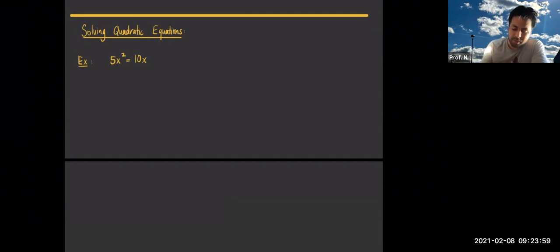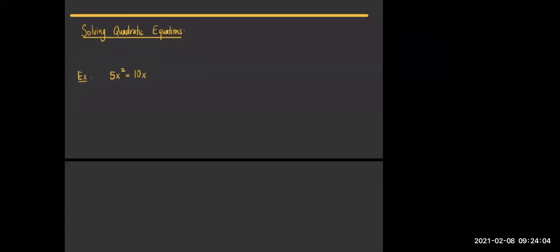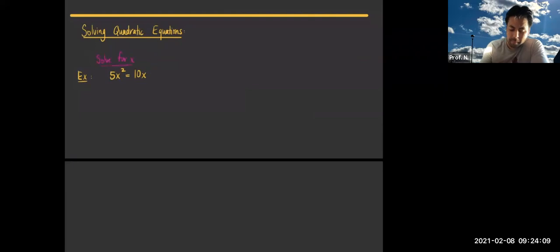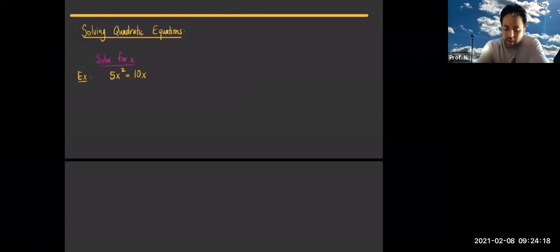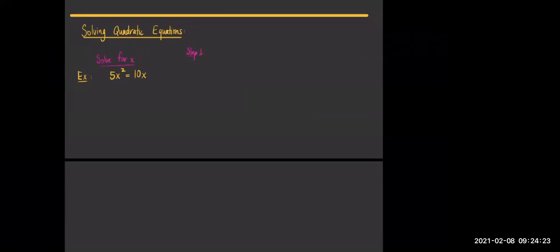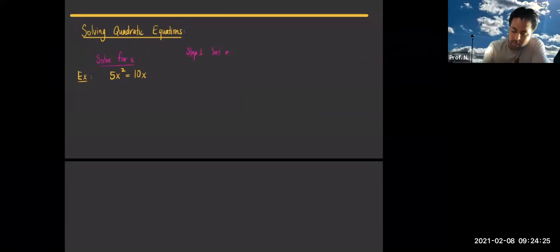Do we subtract 10x and make the equation equal to 0? Correct. So that's step number one. Very good. Step number one is set the equation equal to 0. Always. That's what we're going to do every single time we have a quadratic equation.